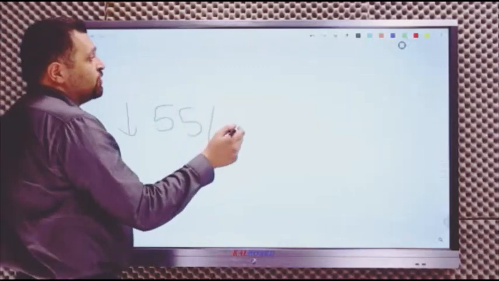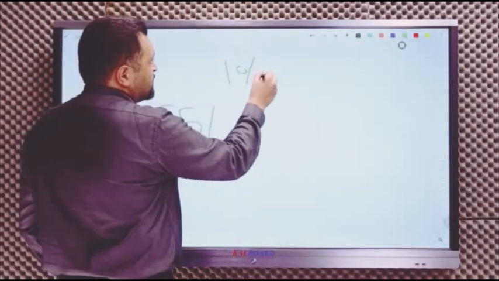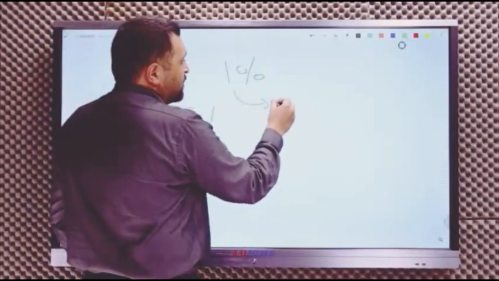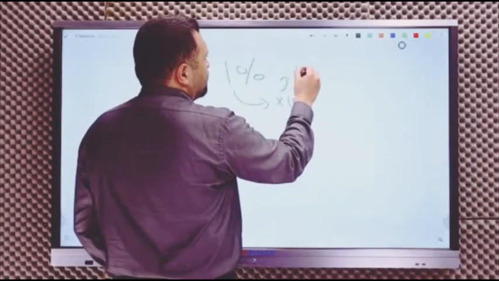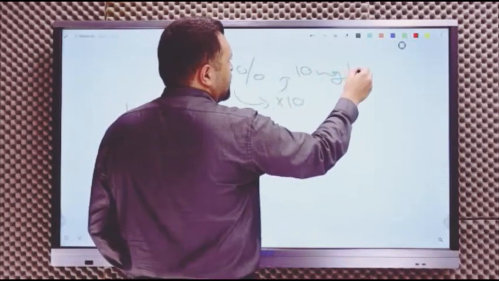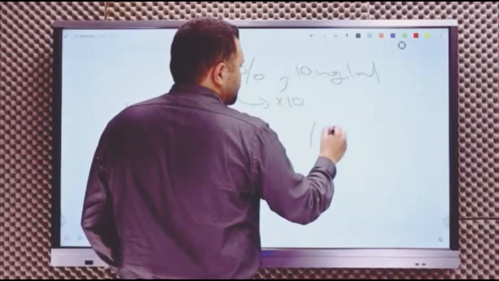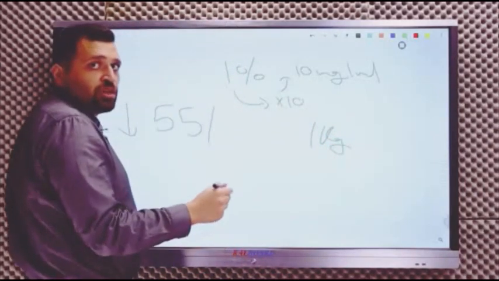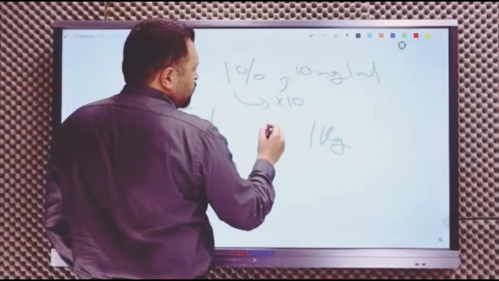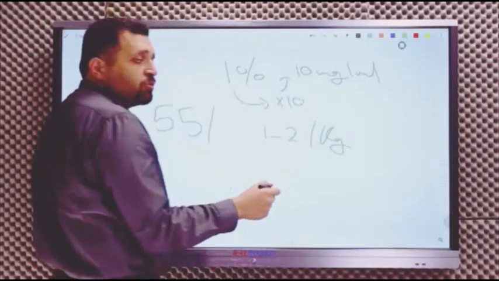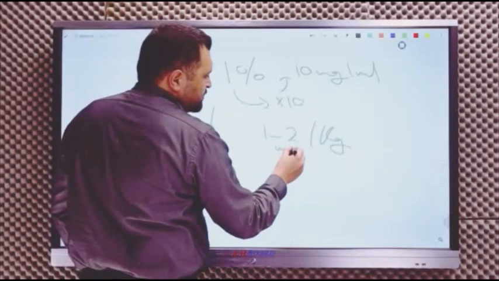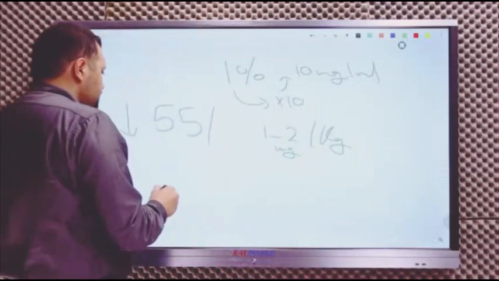Now, the percentage of Propofol, we have 1%. If we remember, we multiply by 10. This means we have 10 milligram per cc. Now, for each kilogram, how much shall we give? Around 1 to 2, or in certain books, 2 to 3 milligrams per kg.